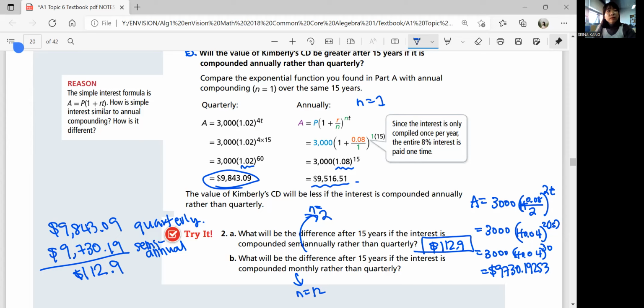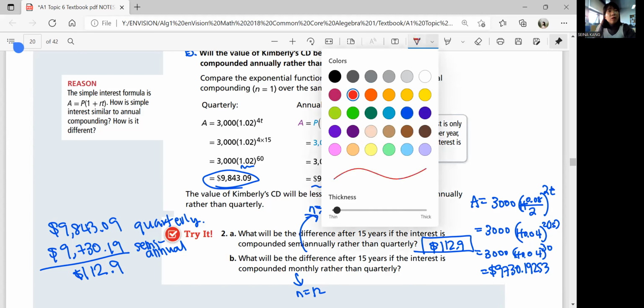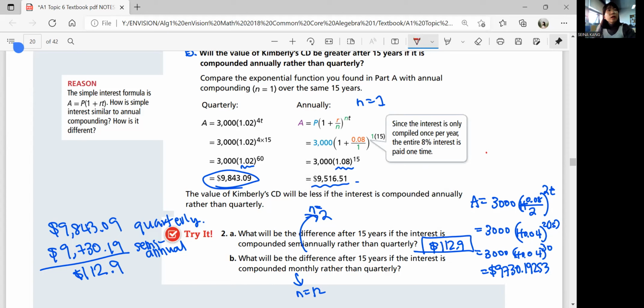So what will be the difference after 15 years if the interest is compounded monthly rather than quarterly? So let's figure out monthly now. Monthly is 3,000 times 1 plus 0.08 divided by 12, to the power of 12t.